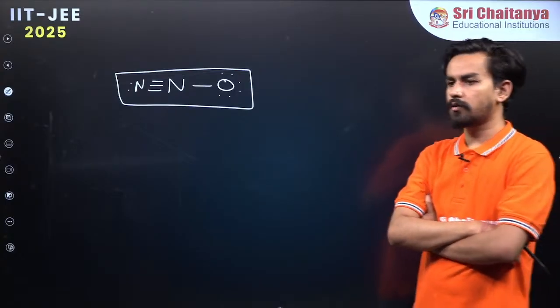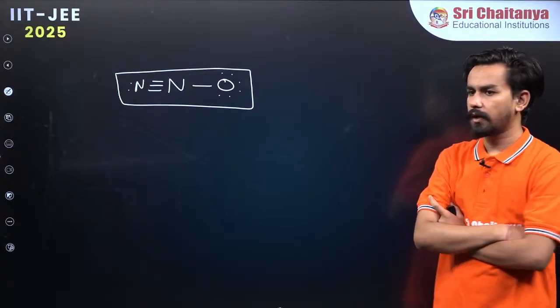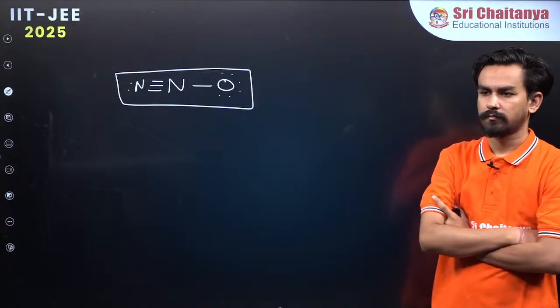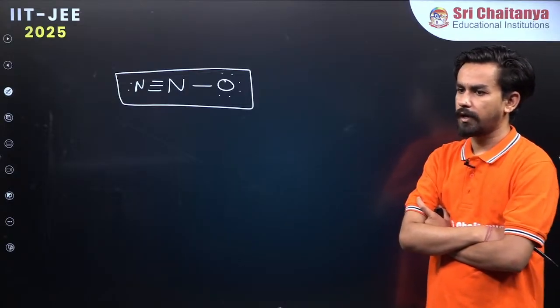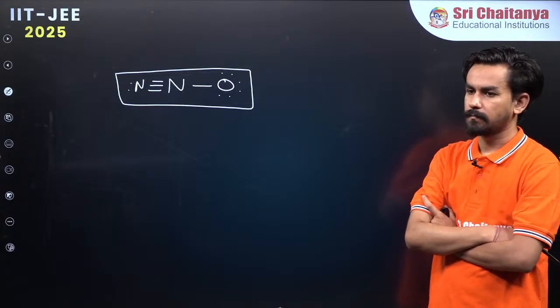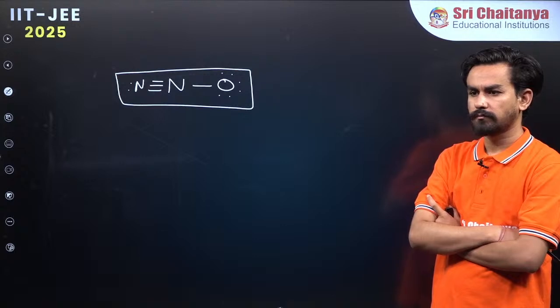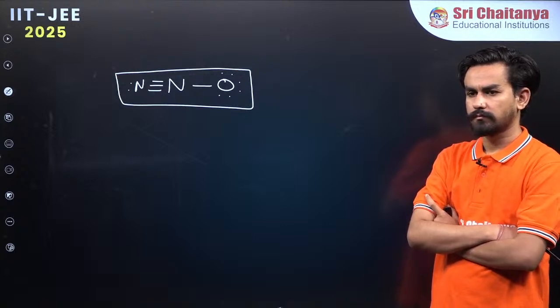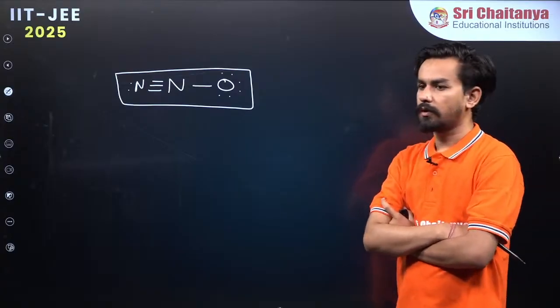Nitrogen doesn't have one lone pair. This is the structure. No lone pair here. You calculate the charge, you will get to know why. Zero, not like that.